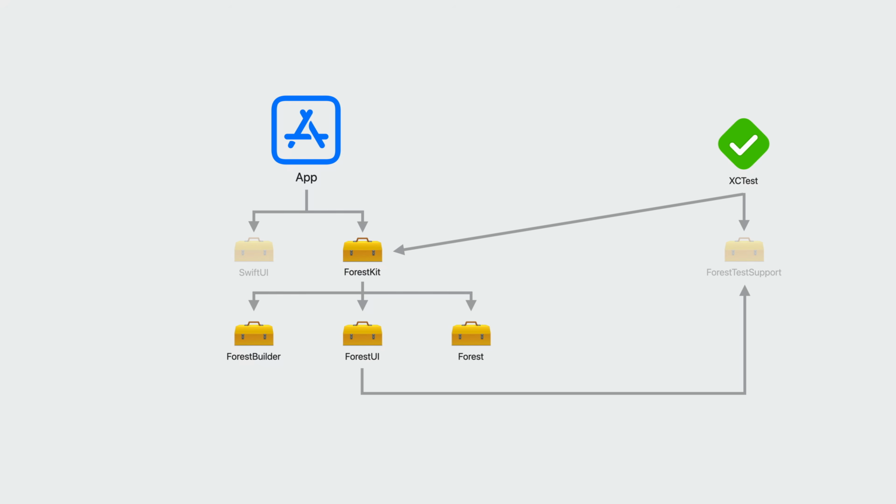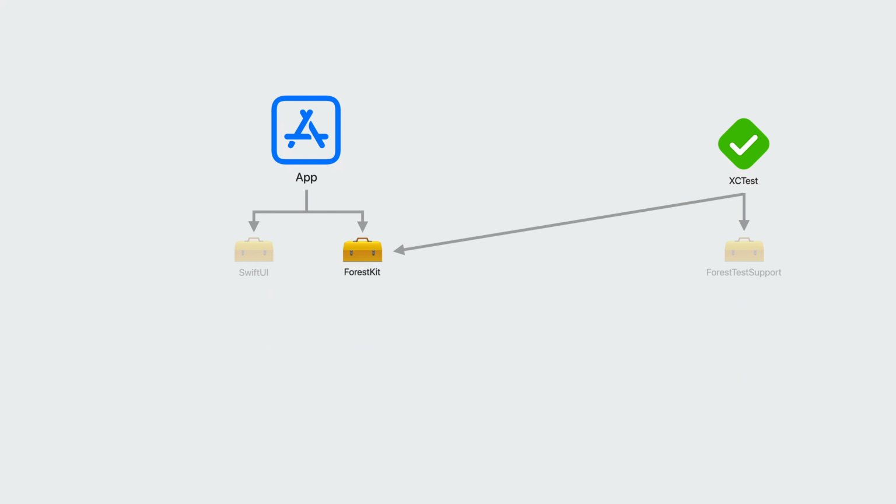As I'm enabling manual mode, I'll explicitly set which frameworks to make mergeable. In this case, that's Forest Builder, Forest UI, and Forest. Those dependencies will merge into ForestKit. By reducing the libraries to load, my app has improved in launch time and bundle size.